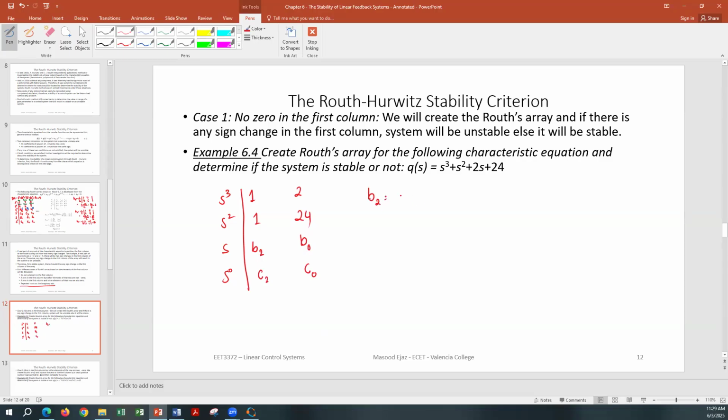B2 is negative 1 over 1, so it's just basically negative 1 times the determinant of 1, 1, 2, 24, which will give us 24 minus 2, 22. And B naught is, again, -1 times the determinant of 1, 1, and 0, 0, which will give us 0.